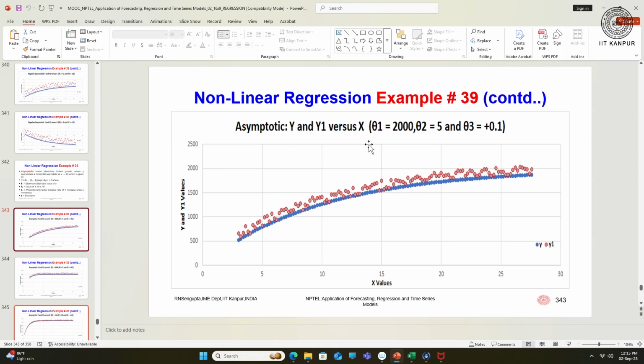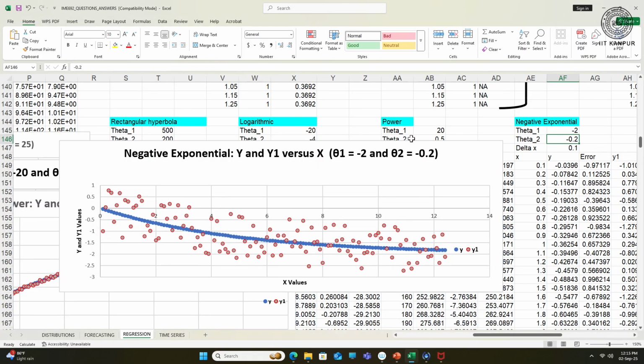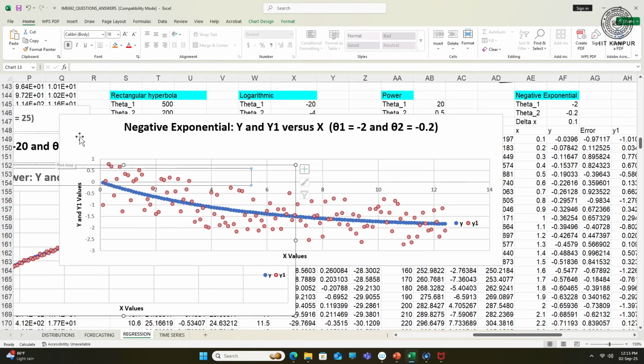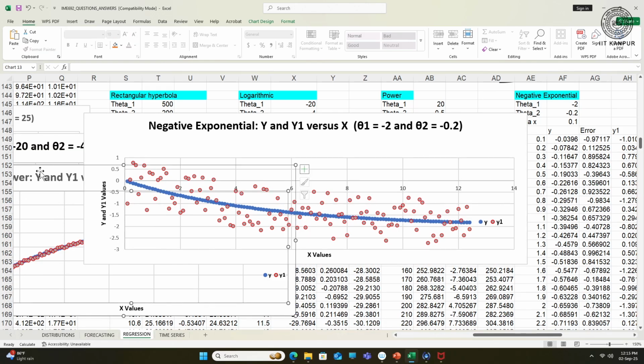So, now with this I slowly consider the graph. Here I am taking asymptotic values of theta 1 as 2000, theta 2 as 5 and theta 3 as 0.1. So, let us go to the Excel sheet and open our case of the values of the consideration.